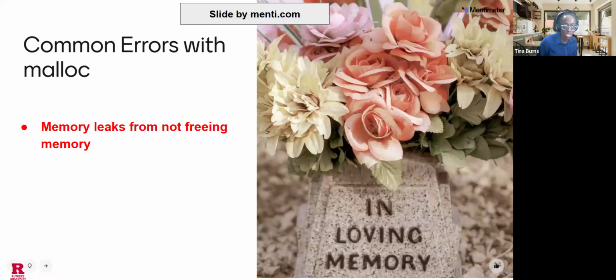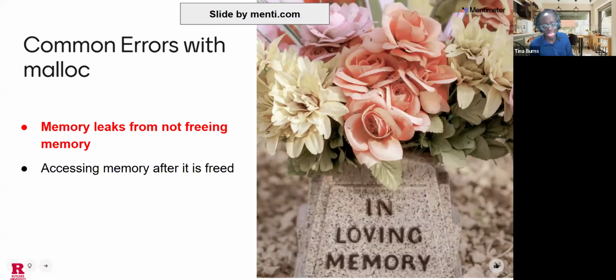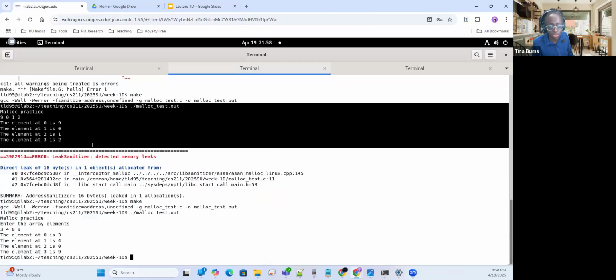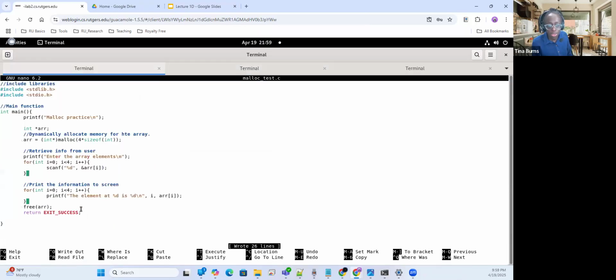What you'll also see is you might try to access this after you freed it. So now if I went back in and I tried to get the array information at a certain value, it wouldn't be there because it's already done. So I'll go ahead and show an example of that. Let's say now I freed it, and now I'm going to try to print out the data for that.